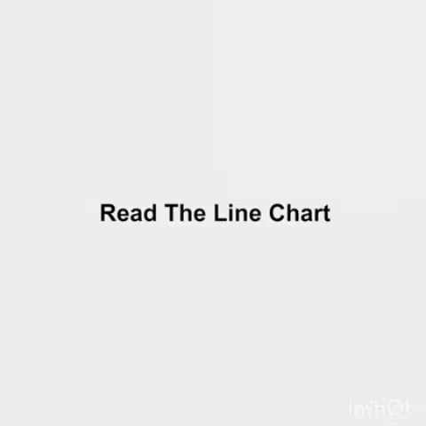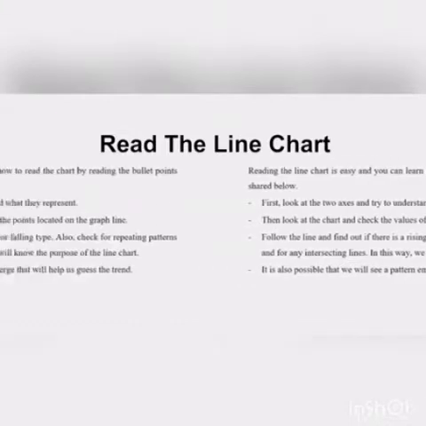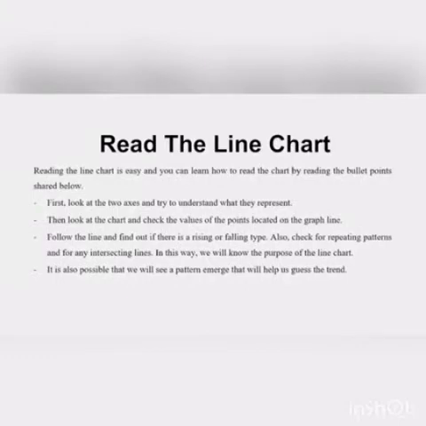Read the line chart. Reading the line chart is easy, and you can learn how to read the chart by following the bold points shown below. First, look at the two axes and try to understand what they represent. Then, look at the chart and check the value of the point location on the graph line.